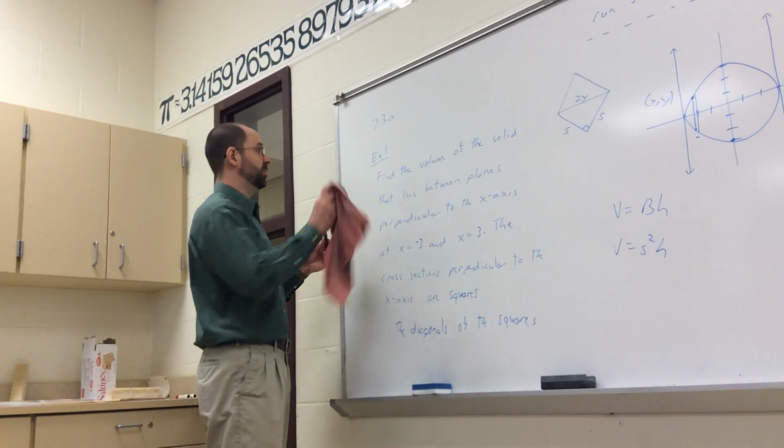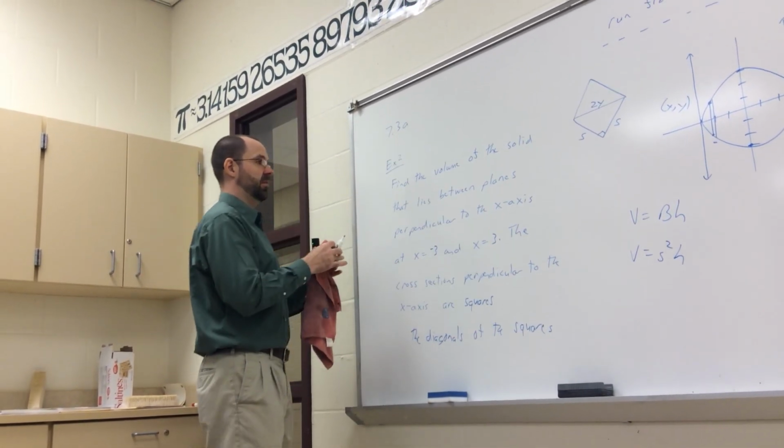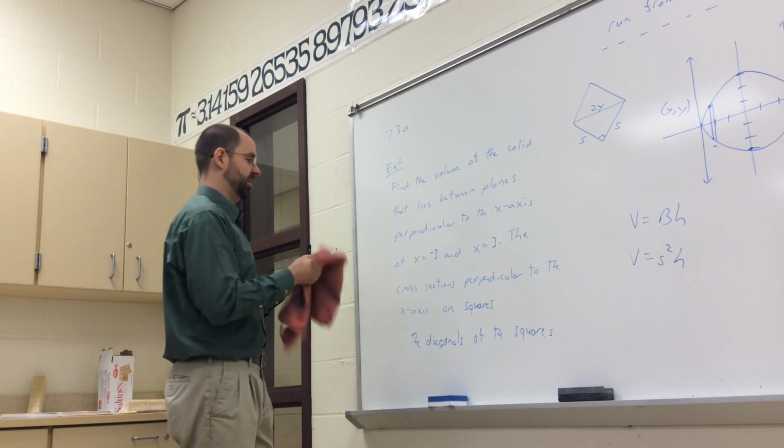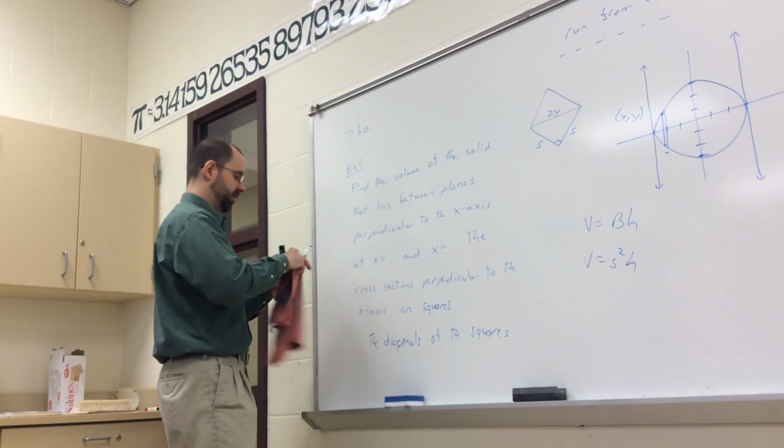So now, for example, 2. Just going to change some of these words. Find the volume of the solid that lies between planes perpendicular to x equals 0 and x equals 8.